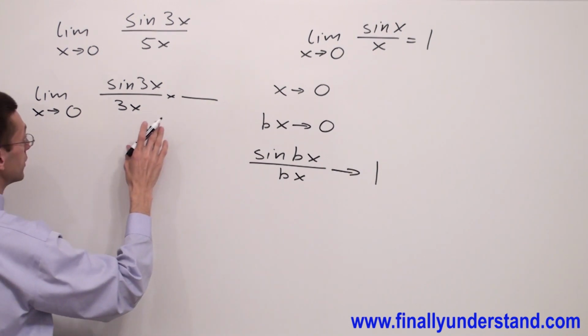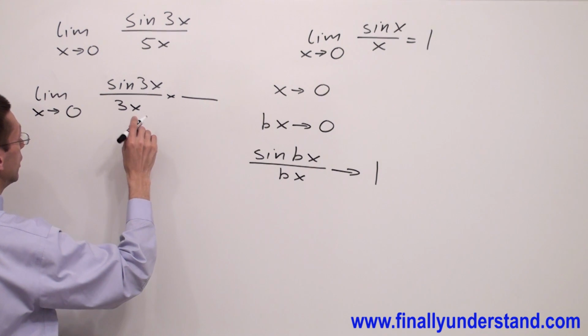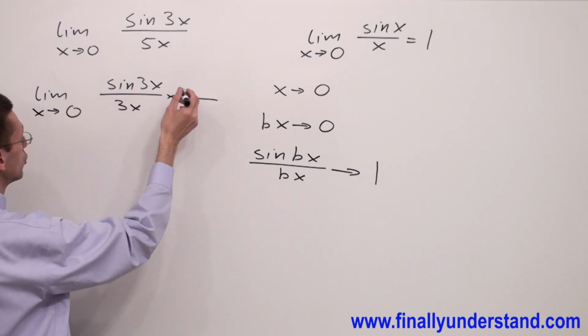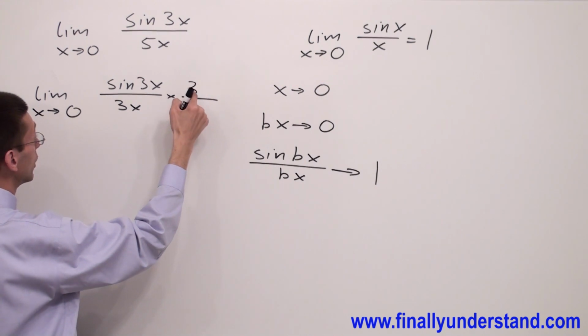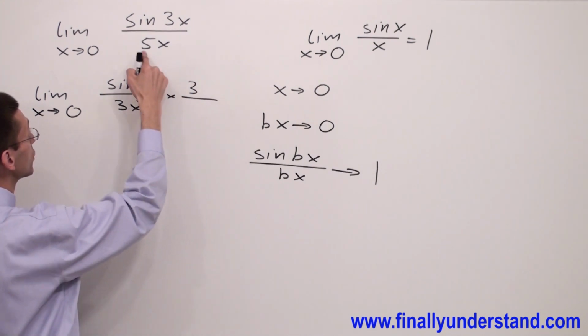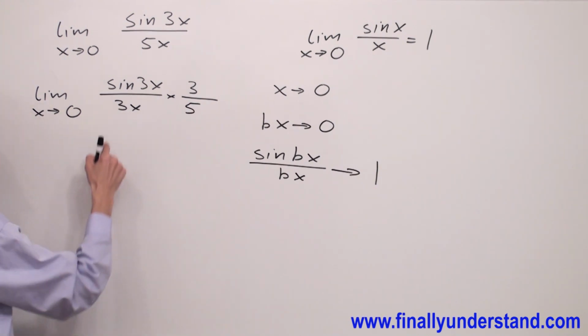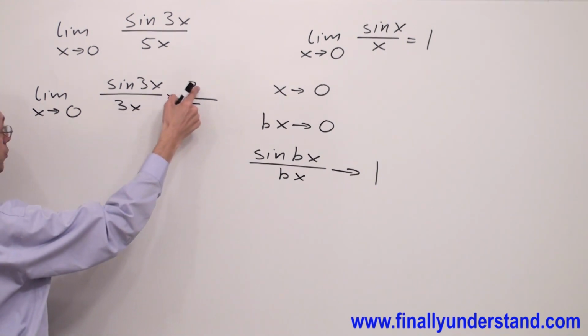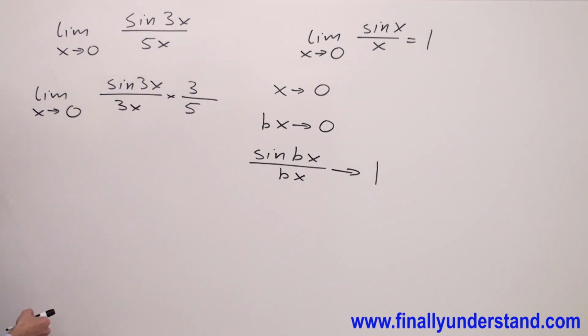I'm supposed to compensate for this by a fraction multiplied by my original statement. I'm supposed to say 3x in the numerator, so I'm supposed to have 3. Because I had 5 in the denominator, I'm supposed to have 5 in the denominator, because if you reduce 3 and 3, you are going to end up with 1. 1 times 5 will give me the original expression.